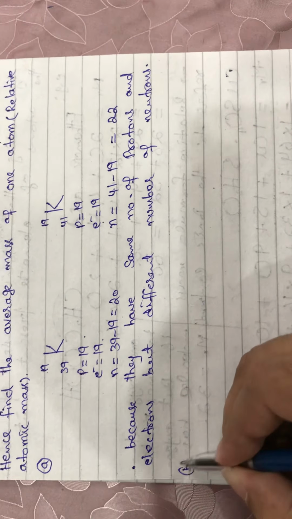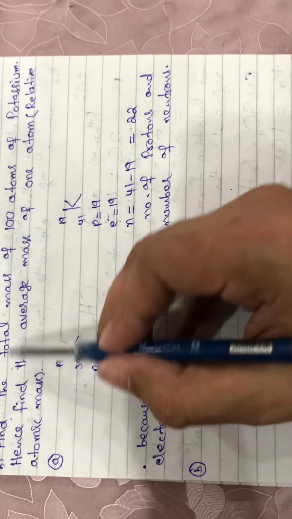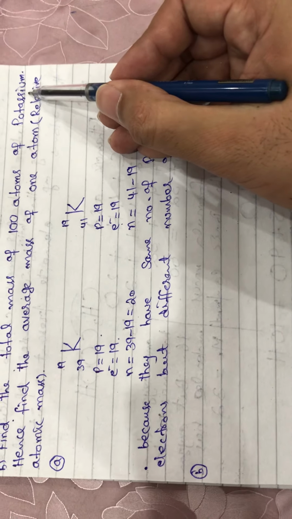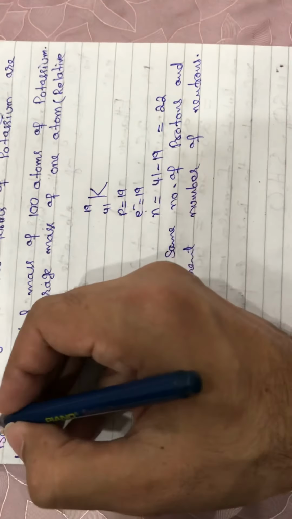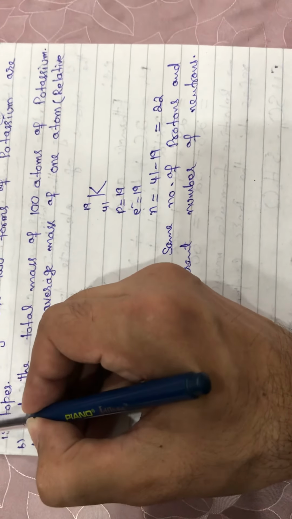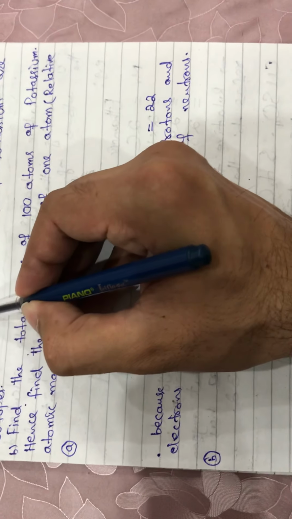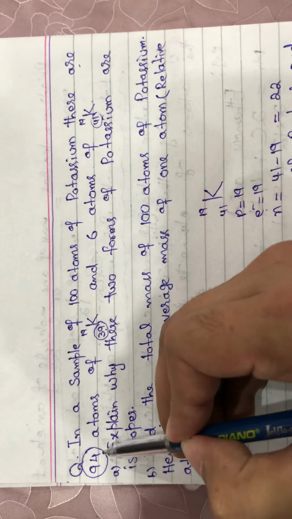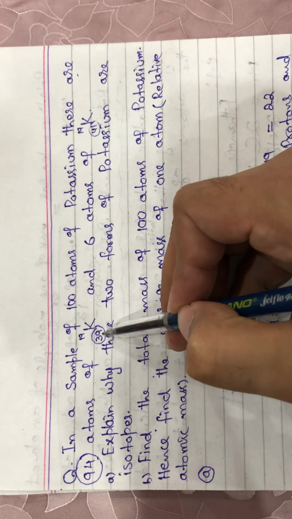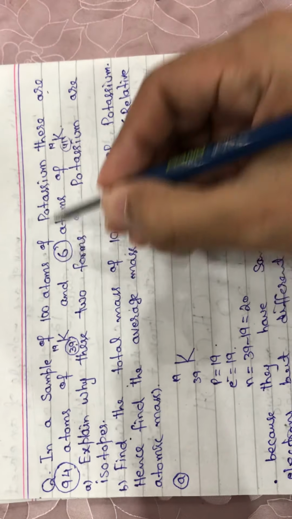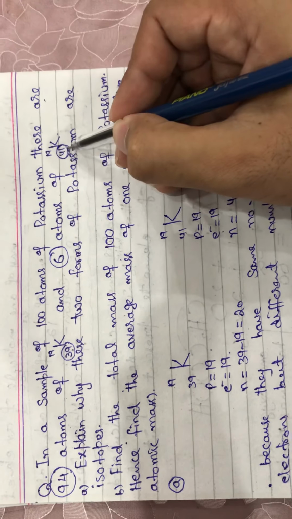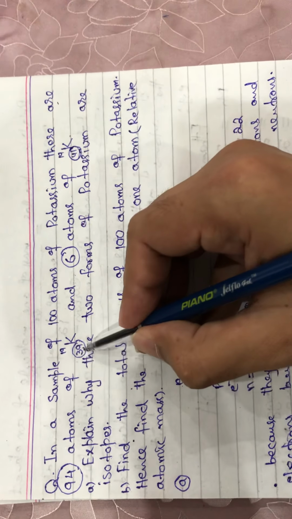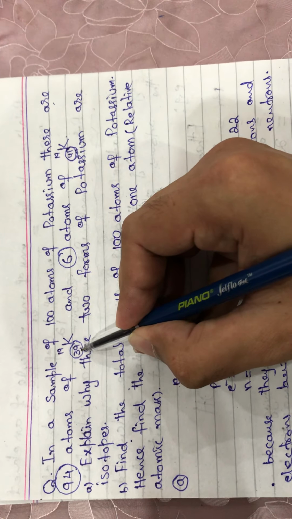Now, talking about part B. Find the total mass of 100 atoms of potassium. Over here, we have 94 atoms of potassium 39 and 6 atoms of potassium 41. It means each atom here has 41 atomic mass and each atom here has 39 atomic mass.